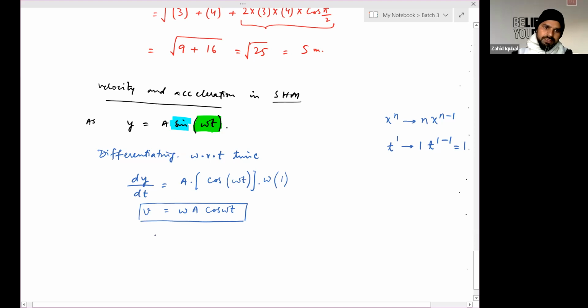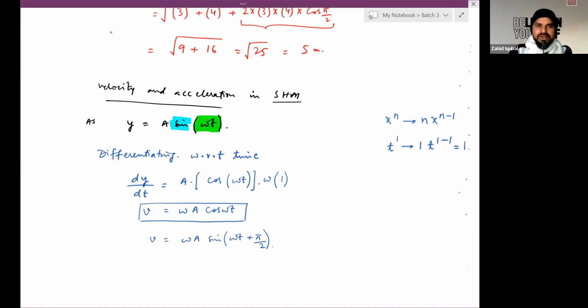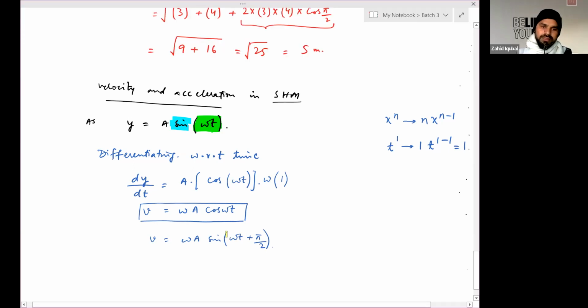So you may write omega times A sine of omega t plus pi by 2, according to the complementary angle relation. From this part, you will be asked to define the phase difference between displacement and velocity.